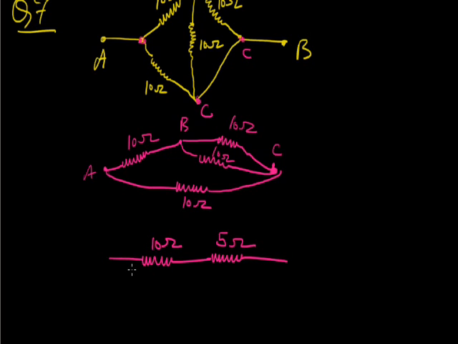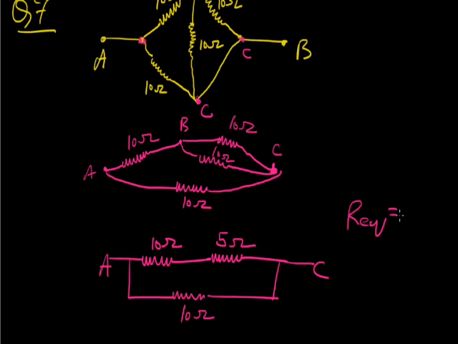The equivalent will be 5, and this is another 10 ohm resistance. R equivalent is equal to 15 into 10 upon 15 plus 10, that is 150 divided by 25, it is 6 ohm.